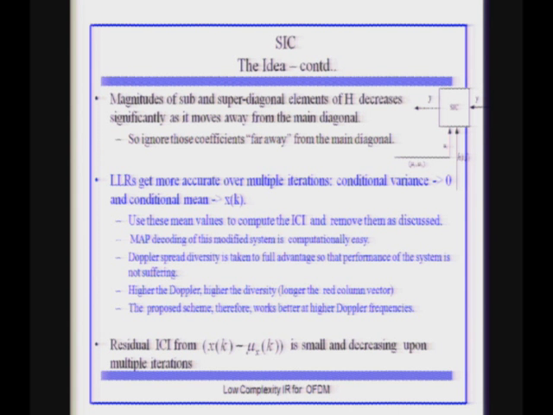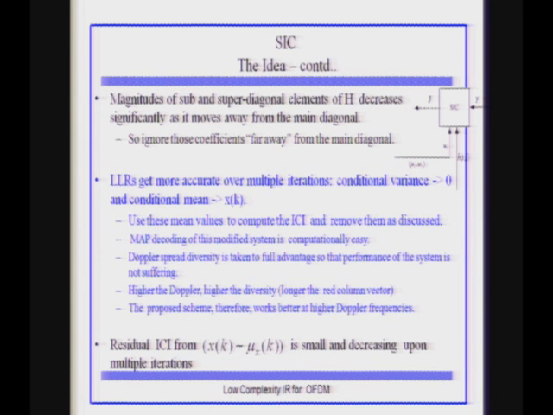As the log likelihood ratios get more and more accurate, the conditional variance that we saw in the previous slides tends to 0, and the conditional mean tends to the symbol value. So let's believe that for a second, and when we look at the results, we will see the effects of all this.